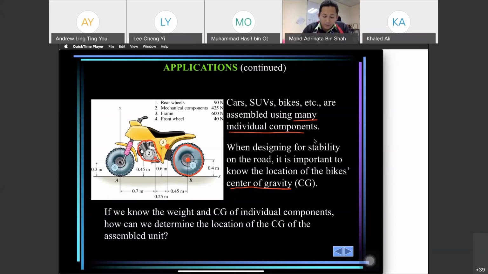Frame is at number 3. Front wheel is at number 4. So individual components have their individual center of gravity. So when we assemble, how do we determine their overall center of gravity?